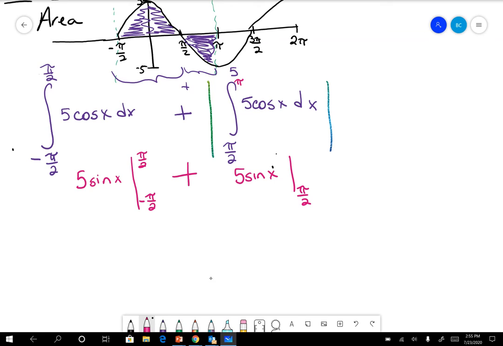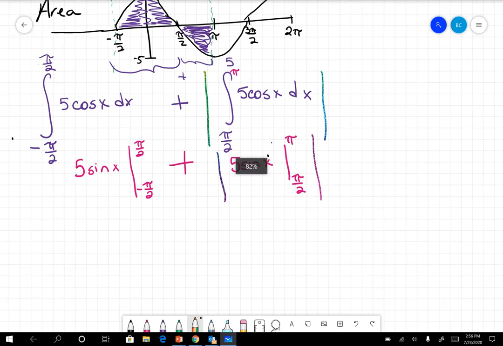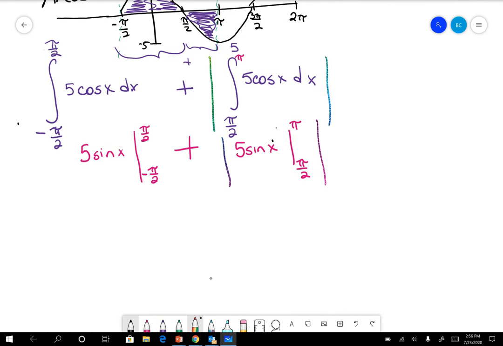And the absolute value of this one, because again, this one we know is negative, so whatever it is, we're just going to take the positive of it and add it to the other. And that would make sense. Okay, so now let's do this one.